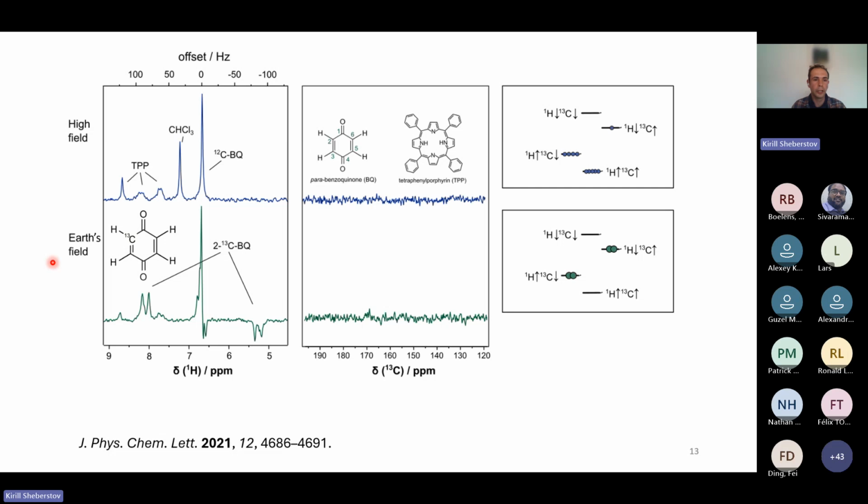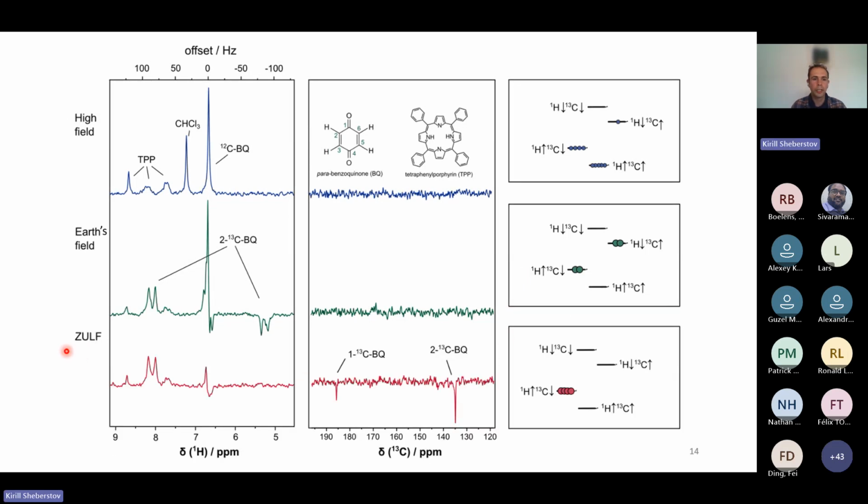However, when we performed irradiation at Earth's magnetic field, we suddenly saw very strongly hyperpolarized carbon-13 satellites having a very characteristic antiphase appearance, which corresponds to this PASADENA type of initial state polarization.